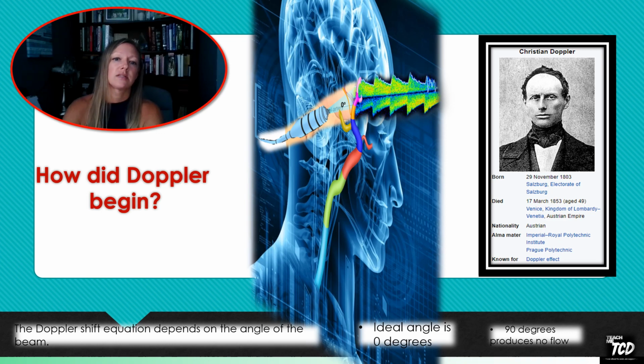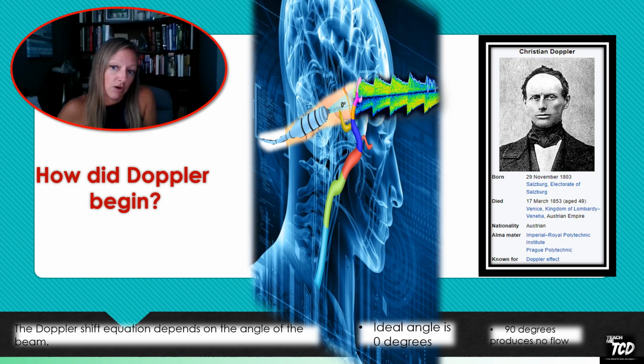In this case, a red blood cell is contained within a vessel. The ultrasound emits a sound wave with a known frequency. As this travels into the tissue and hits a moving red blood cell, the frequency changes as it reflects back to the probe. Based on this, the computer can determine the direction relative to the probe and the velocity of the moving red blood cell.